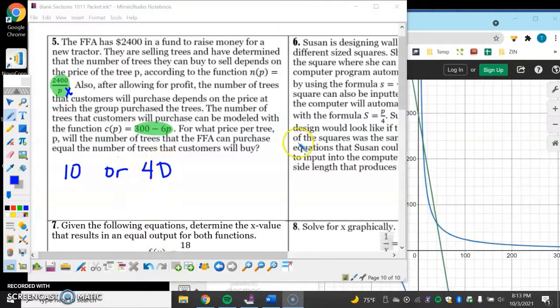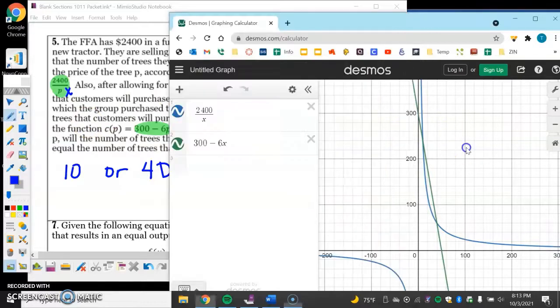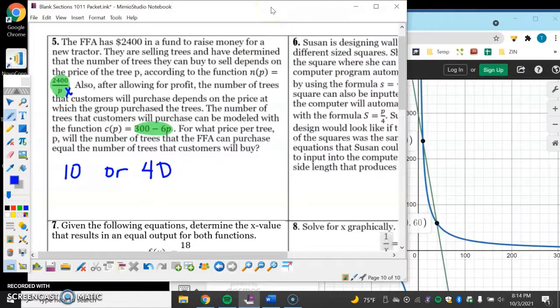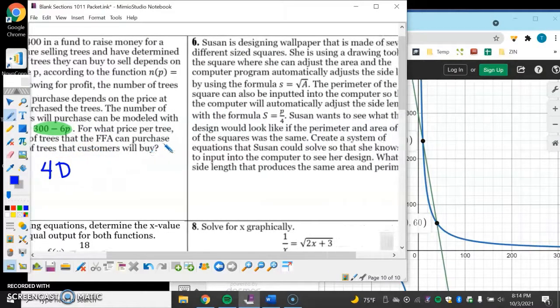In this case, the Y would be the number of trees that customers would purchase, and the number of trees they can sell is the Y value. So if the price was $40, they would sell 60 trees. If the price was $10, they would sell 240 trees, something like that. So we just looked at where those intersected.